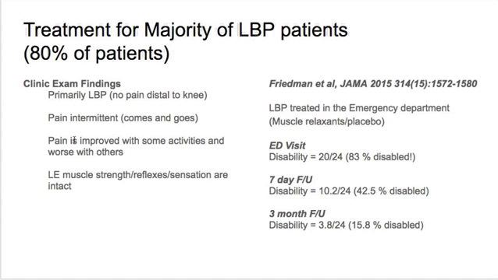Typically, 80% of patients have exam findings where the primary complaint is low back pain and pain that's proximal to the knee. The pain is intermittent, which means it comes and goes. It's not constant, and it's improved with some activities and worse with others, and there's no effect on lower extremity muscle strength, reflexes, or sensation.